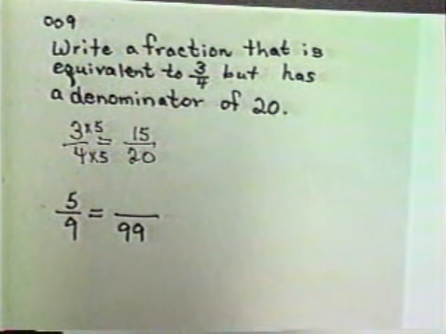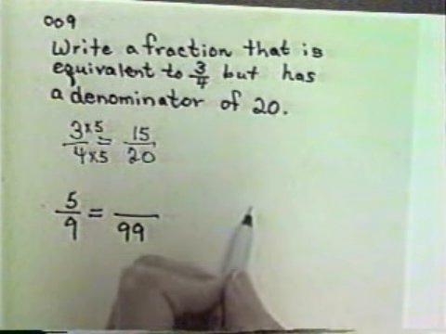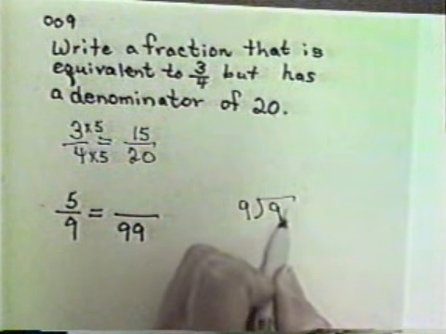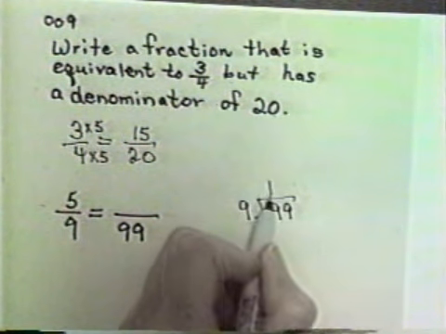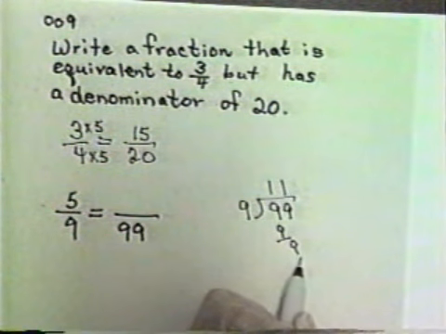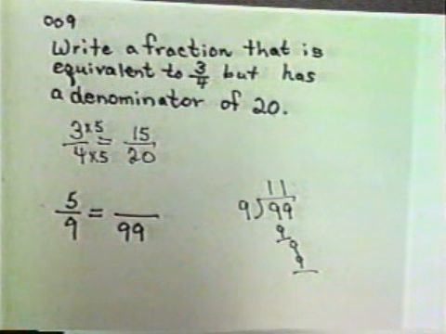Sometimes you'll see one written in which the denominator is already down there. We want to change 5/9 to a fraction that's equal to it, but has a denominator of 99. So again, you have to think, what do I multiply 9 by to get 99? Well, if you can't tell, you come over to the side and divide 99 by 9 and see. 9 went into 99 11 times.